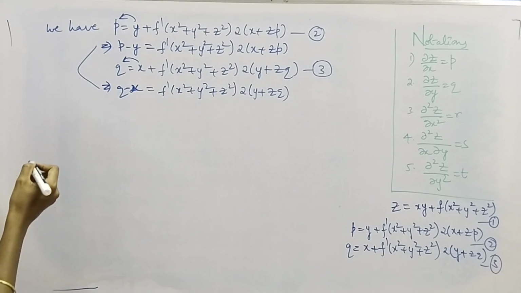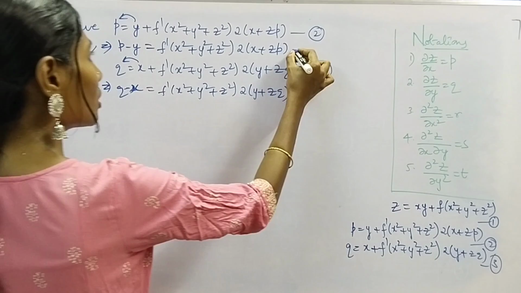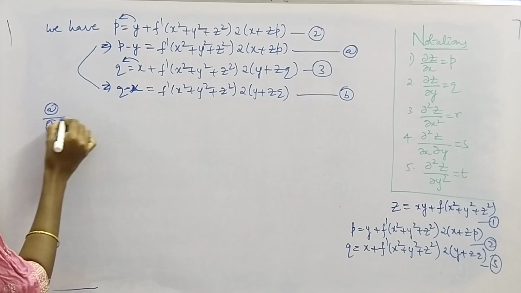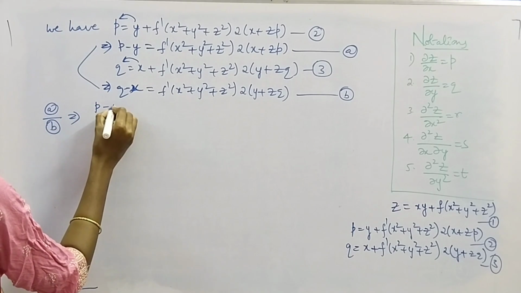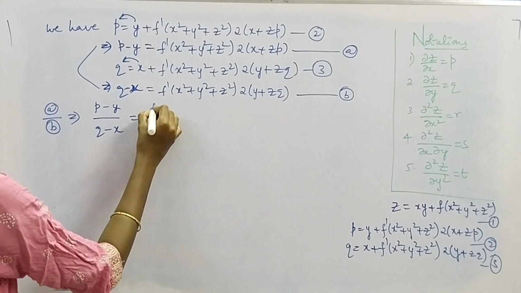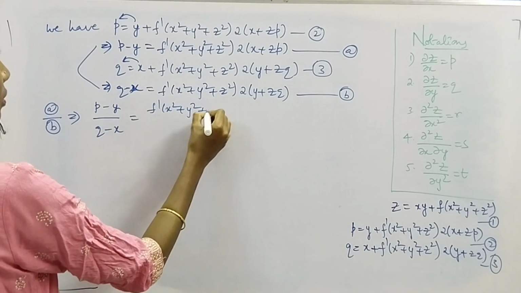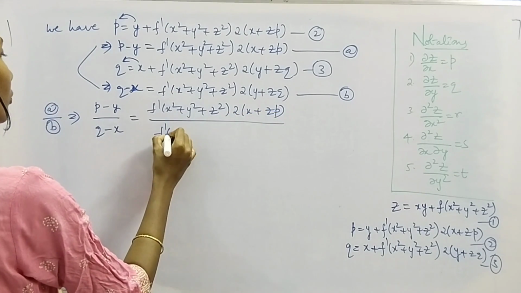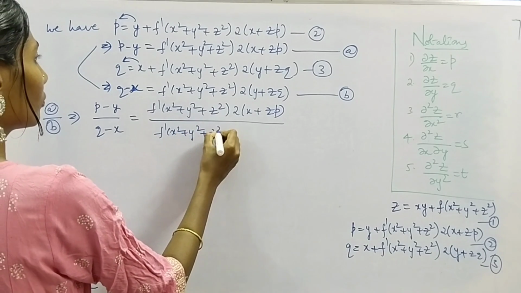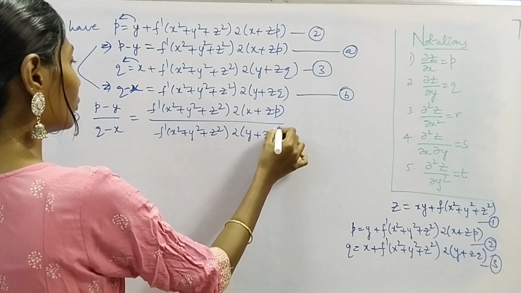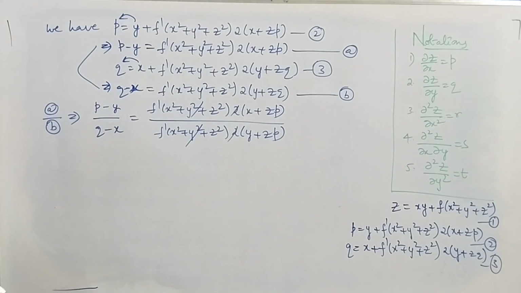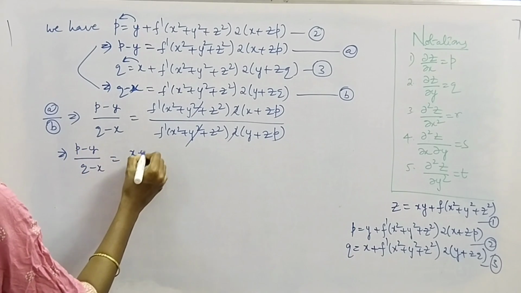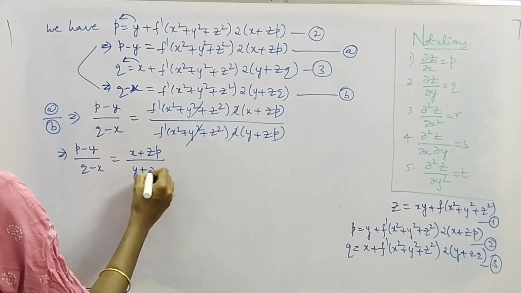If you consider this as some equation number A and this as some equation number B, using A by B, we'll get LHS of A by LHS of B equal to RHS of A by RHS of B. Where 2 gets cancelled and f dash of x square plus y square plus z square gets cancelled, and this gives us p minus y by q minus x equal to x plus zp by y plus zq.